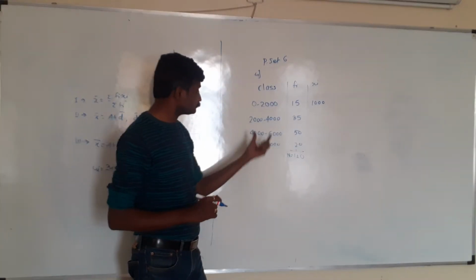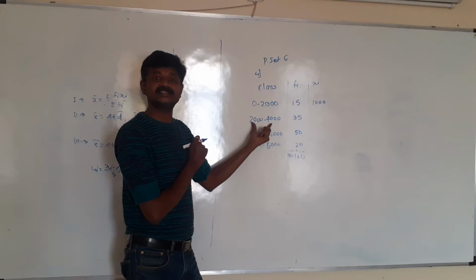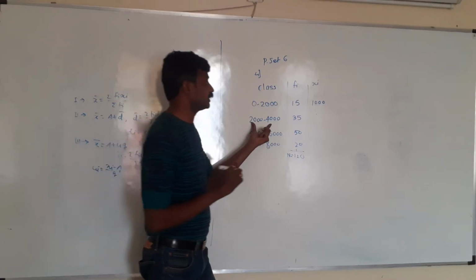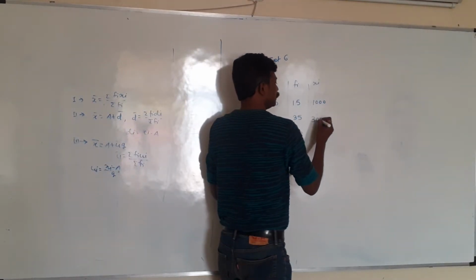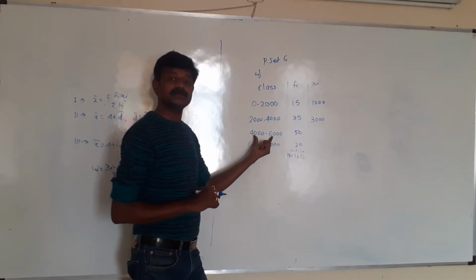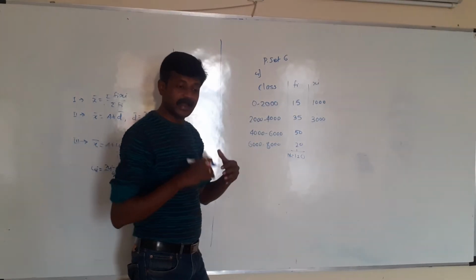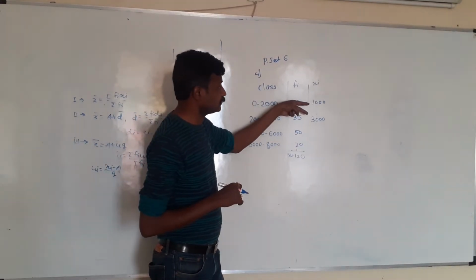Second xi, addition of both the limits, 4000 plus 2000, total is 6000. 6000 divided by 2 comes to 3000. Next, addition of both the limits divided by 2. Or see the difference, just keep adding the difference. The difference here is 2000.